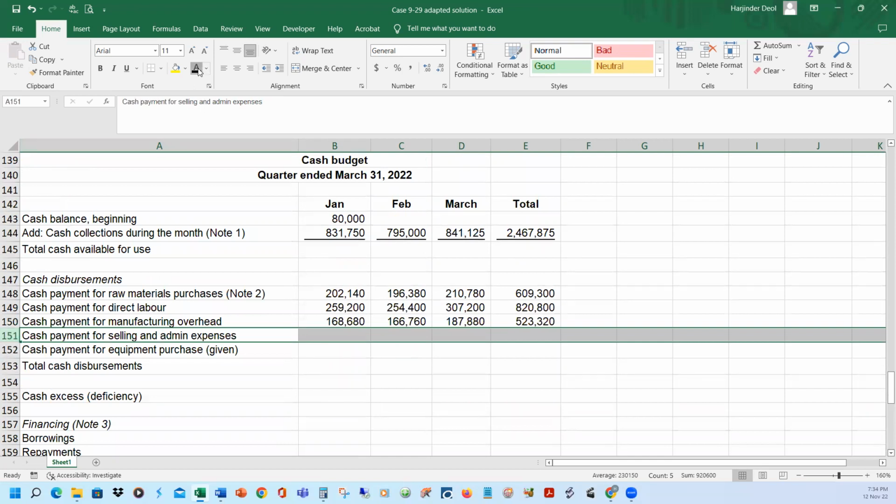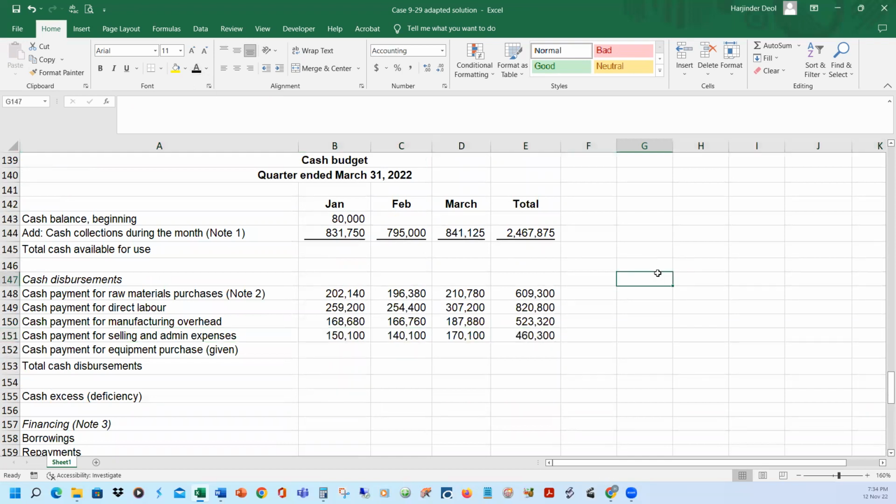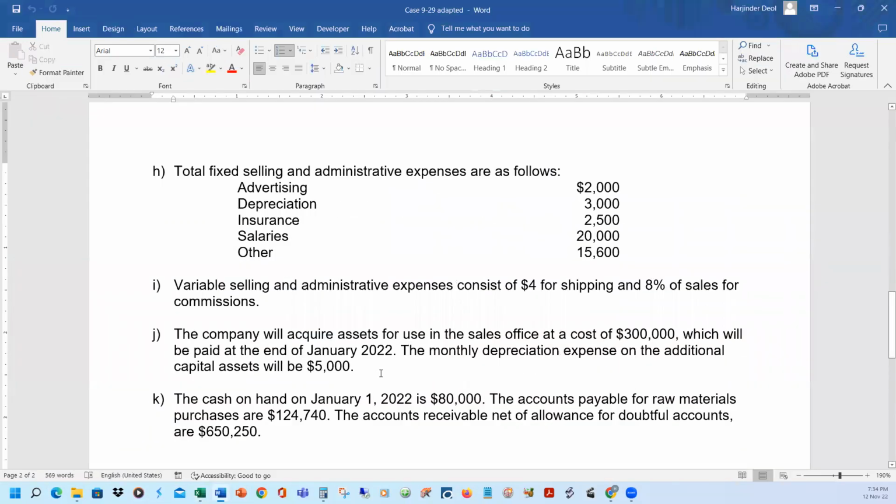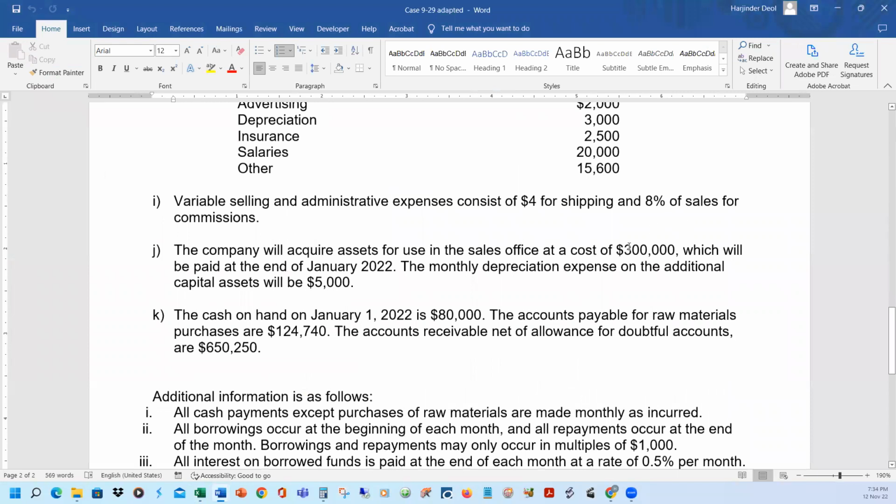Bring that down. The only other payment that we're looking to make as per the case is the $300,000 that we will pay to buy capital assets for use in the sales office. This payment's going to be made at the end of January 2022.